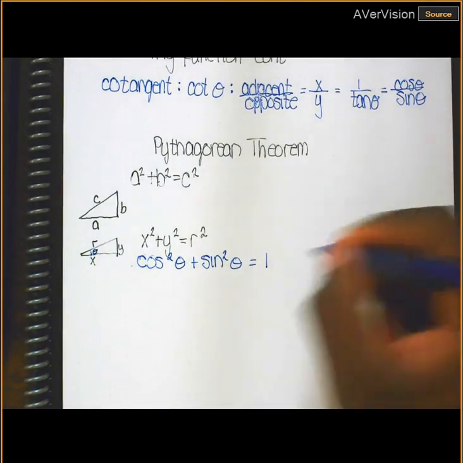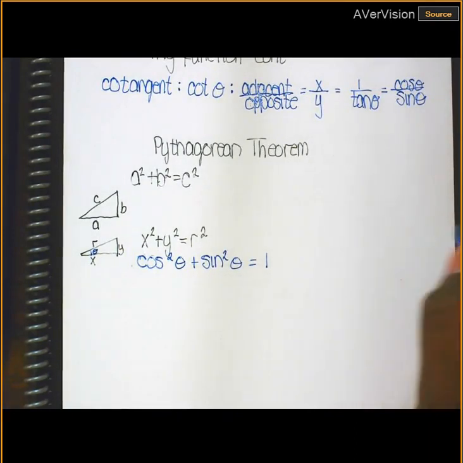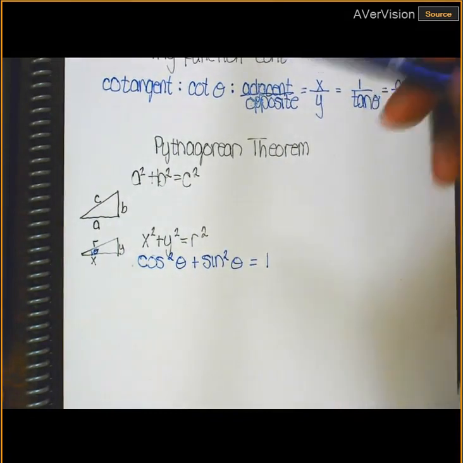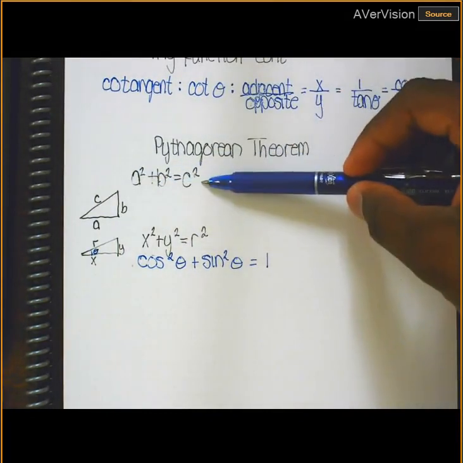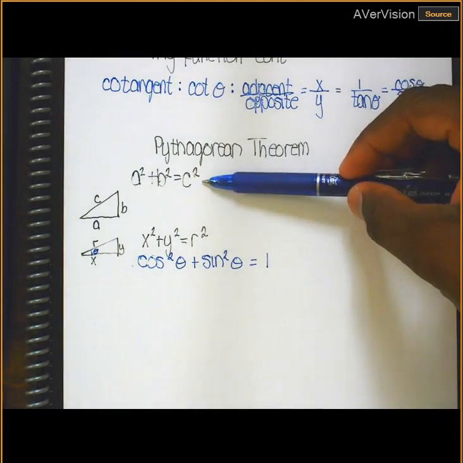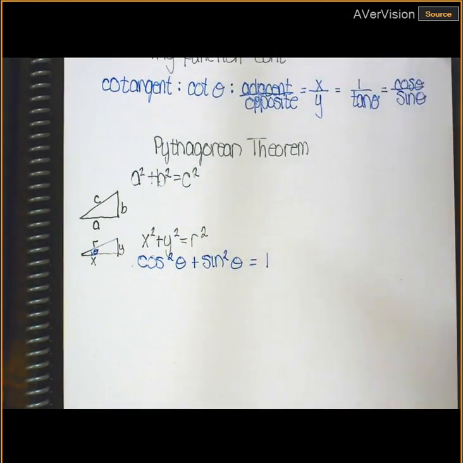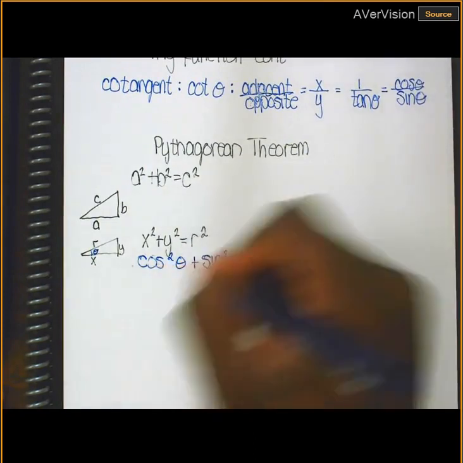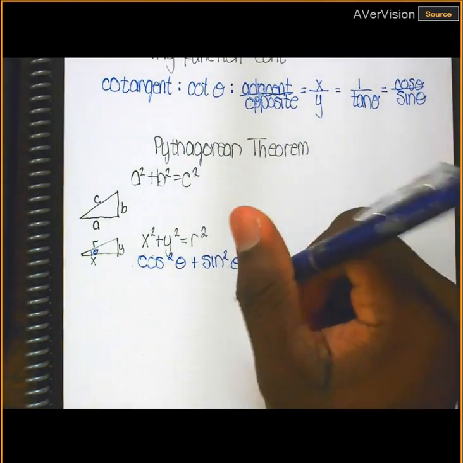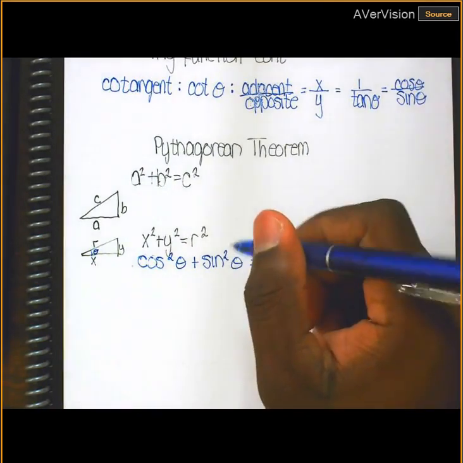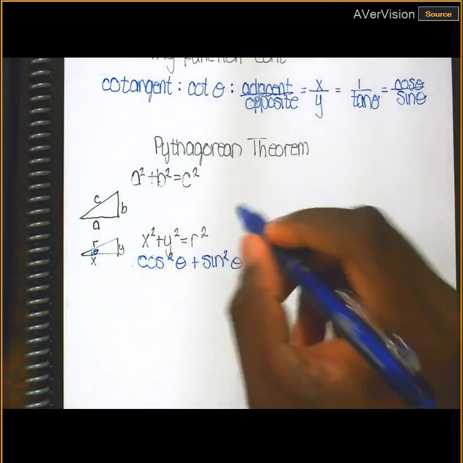If you don't, it's equal to 1. So we went from the Algebra 2 version of Pythagorean's theorem to a trig version of Pythagorean's theorem. And from here, we can derive different forms of Pythagorean's theorem.